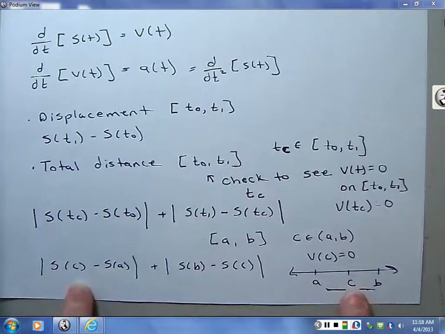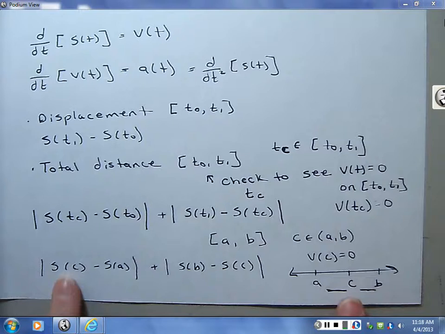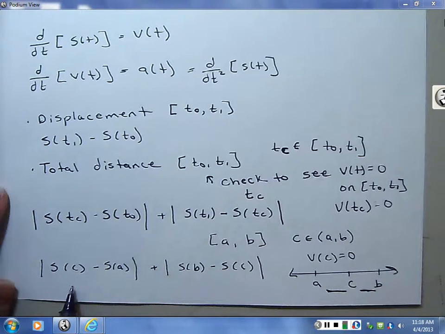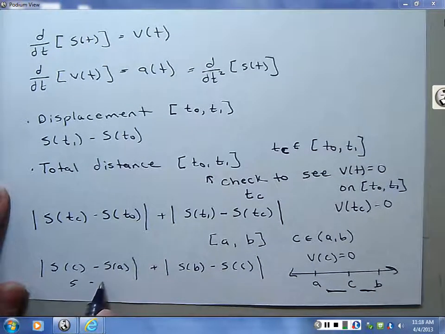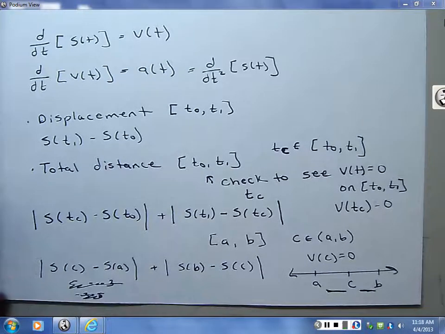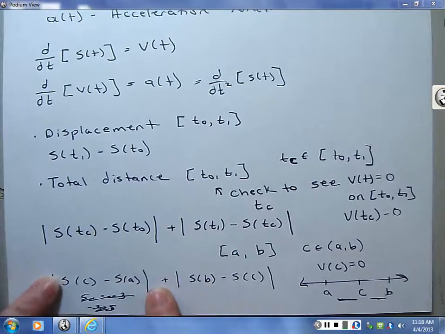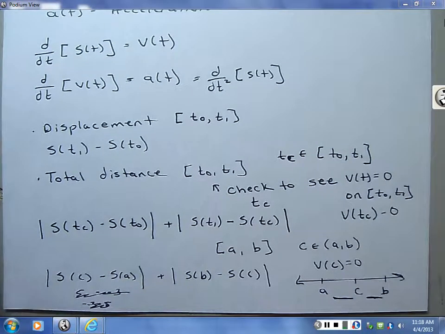If I have 5 minus negative 3, that'd be 8. But if I have negative 3 minus 5, that'd be negative 8. So with the absolute value, it doesn't matter the order.